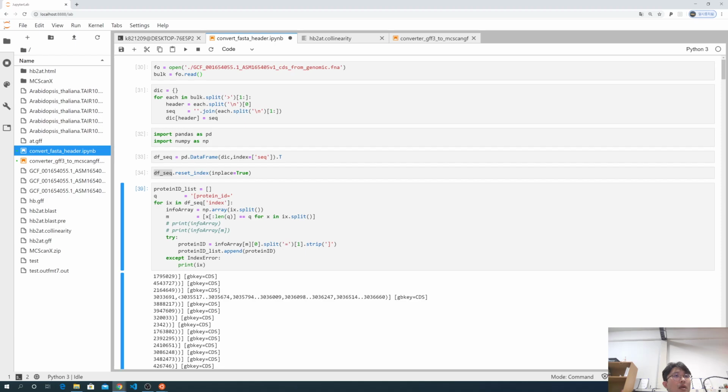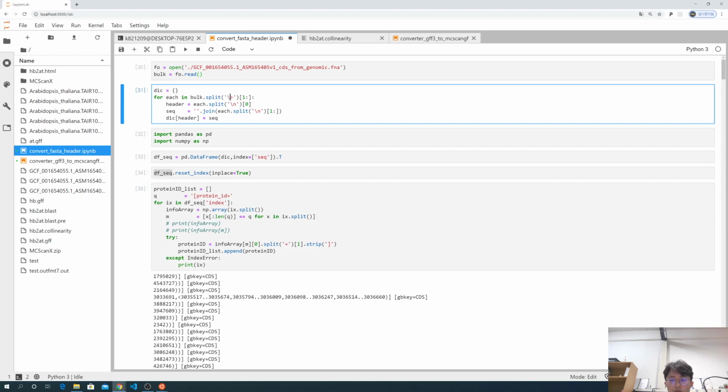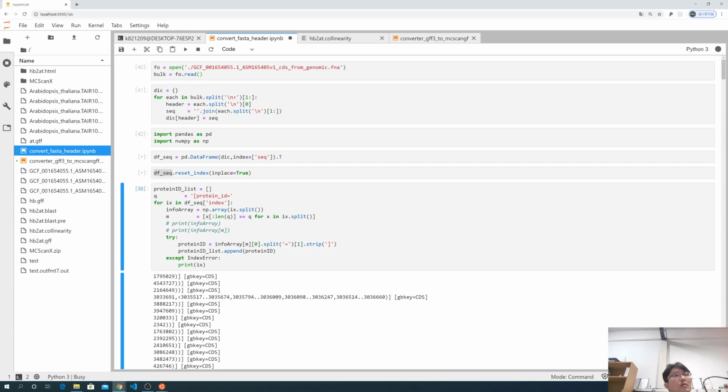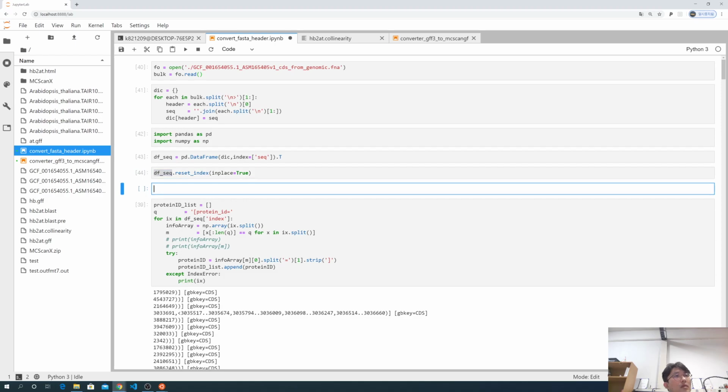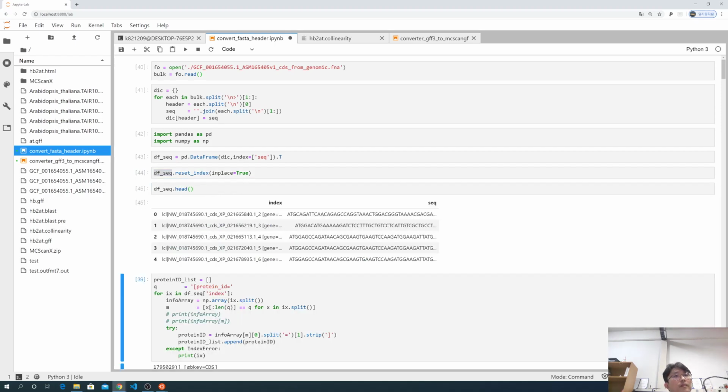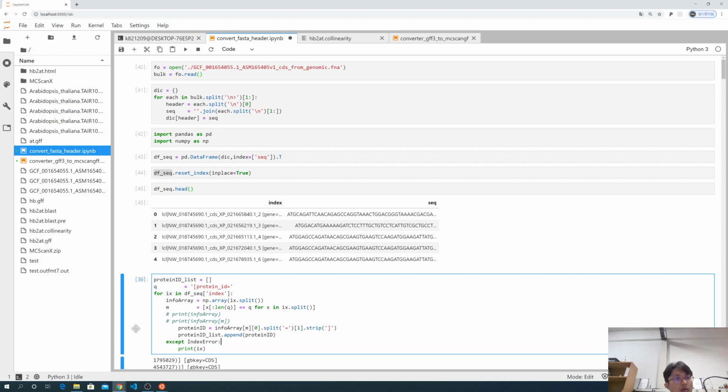Then how can I easily bypass this problem? Maybe I can do this, right? No? Maybe I can do this. It's all the same. And maybe it will not.